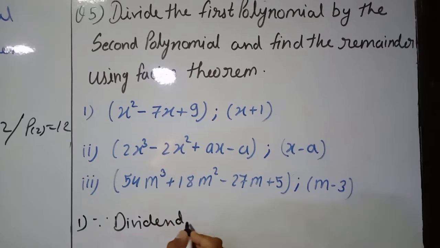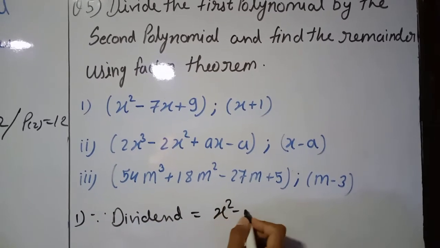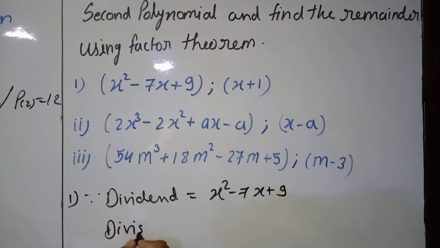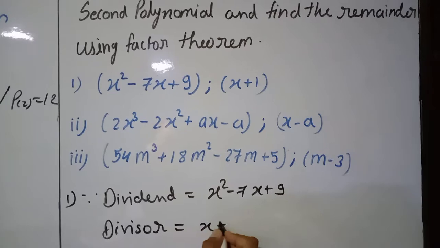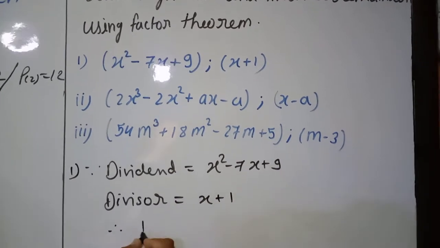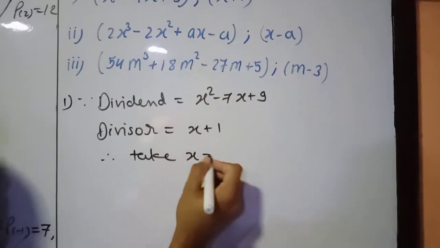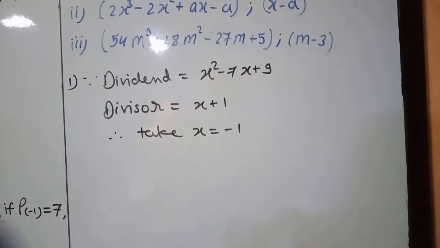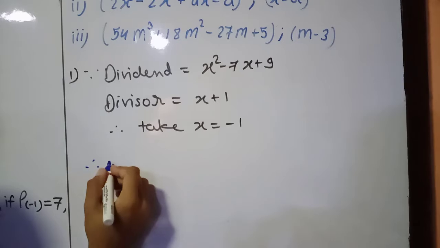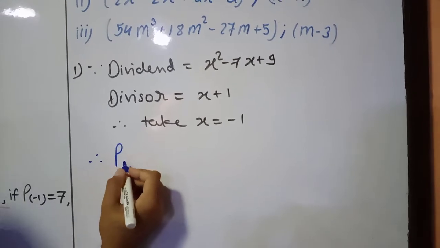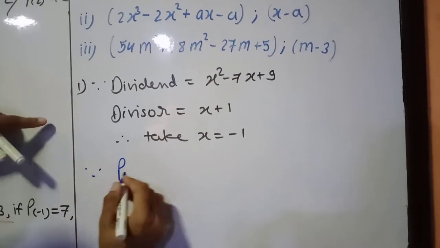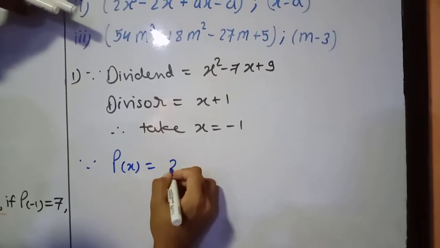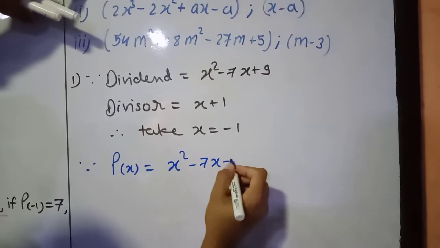Dividend is equal to x square minus 7x plus 9. Divisor x plus 1. Therefore, take x is equal to -1. Now the polynomial we can say px is equal to x square minus 7x plus 9.